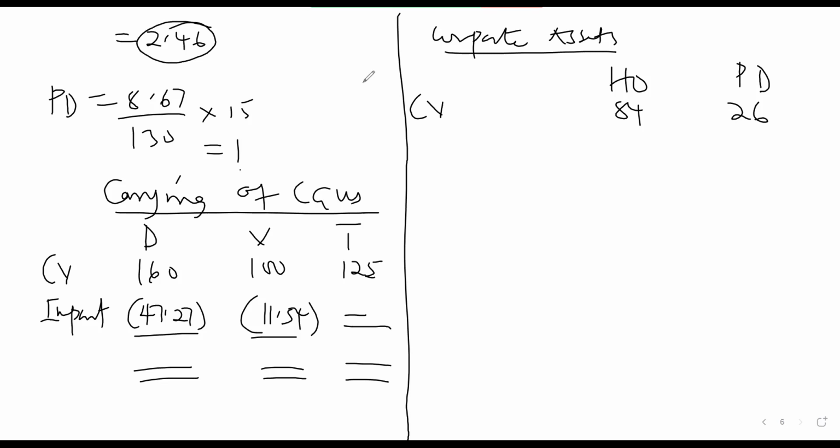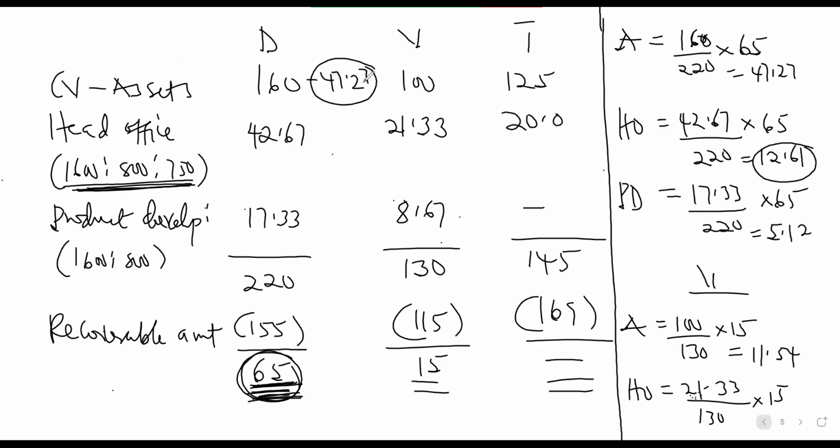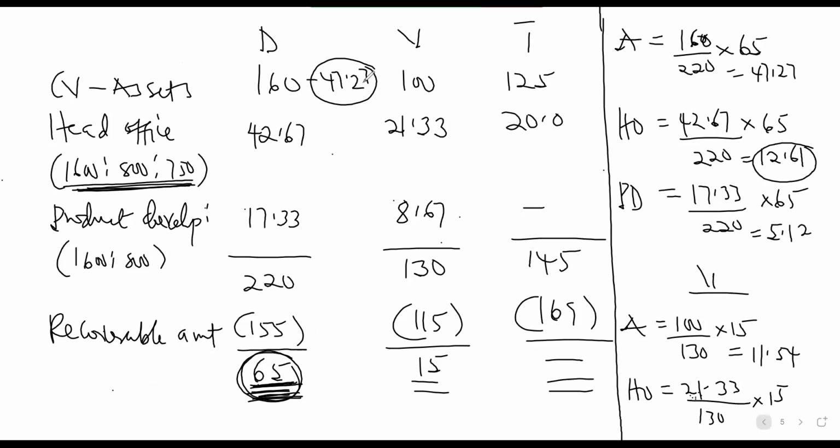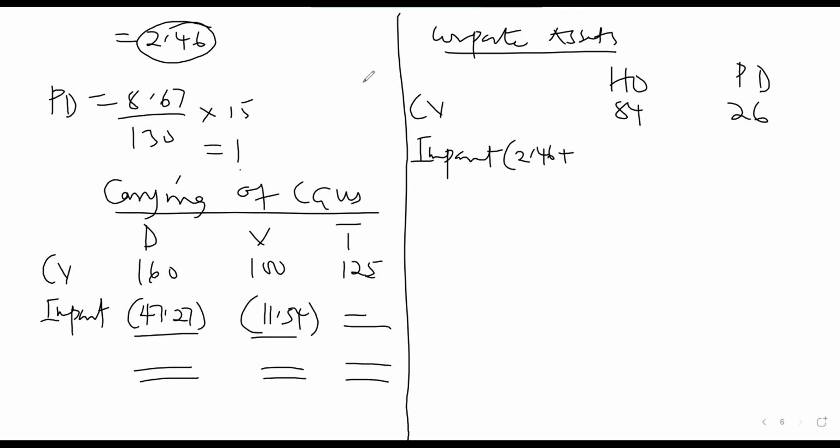Put the two together, so their impairments will be their respective impairments under all of them. So 2.46 plus 12.61. So you put 12.61 over there for the head office.